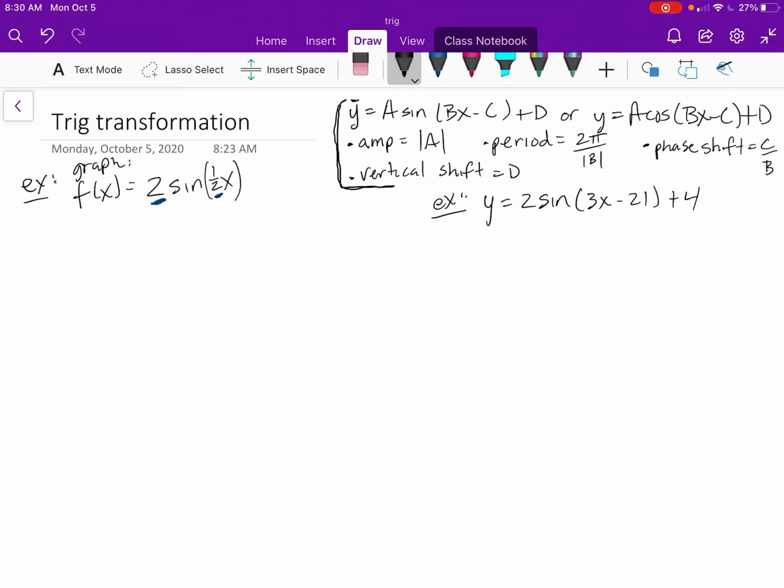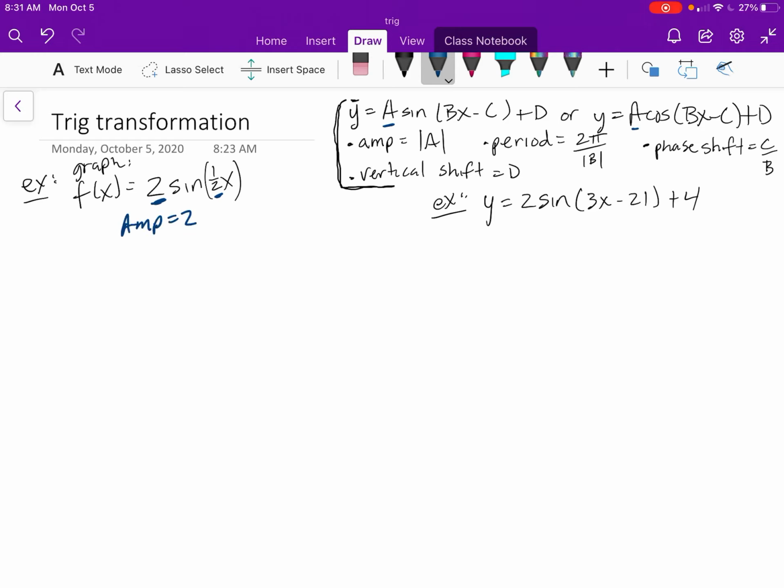So the vertical stretch, what we call now, is the amplitude. This a, whatever number is being multiplied to that sine or cosine, has the same rules, just different starting points. So I know the amplitude is 2.